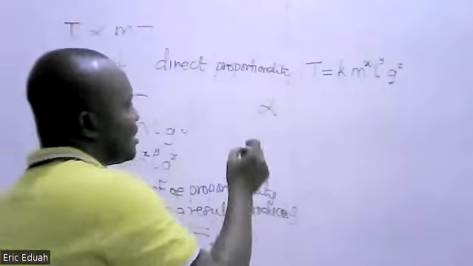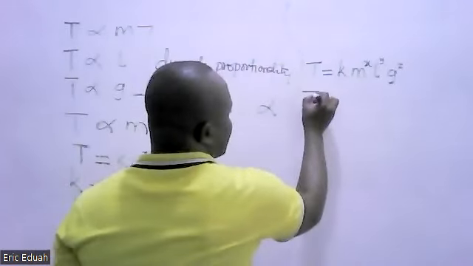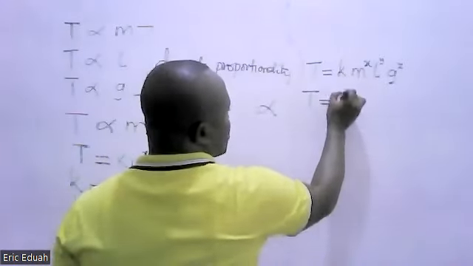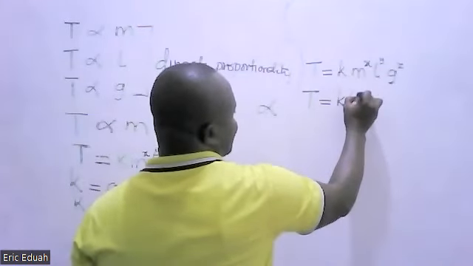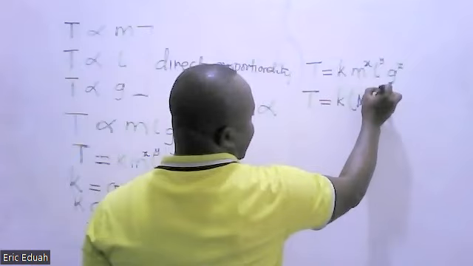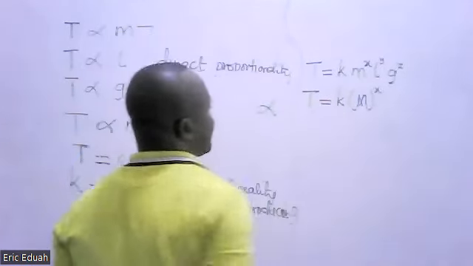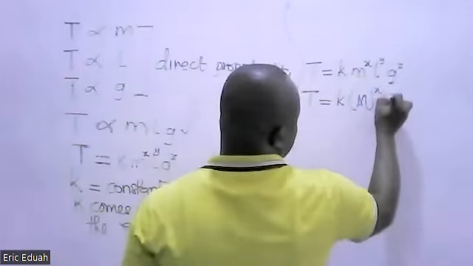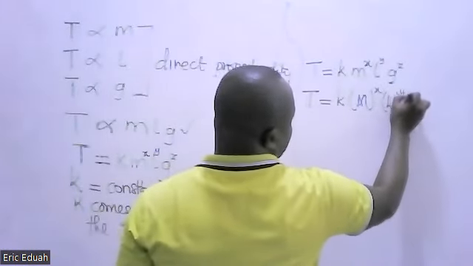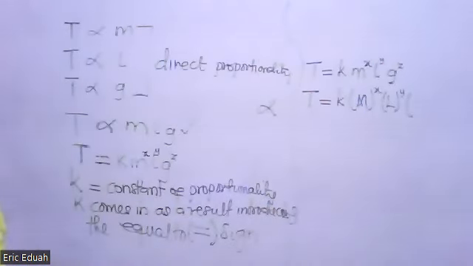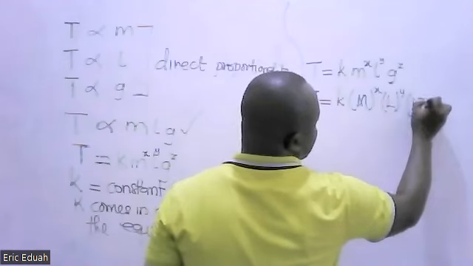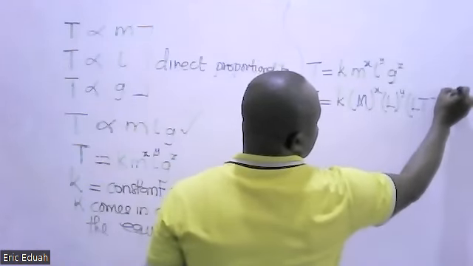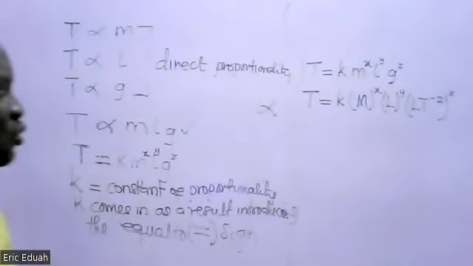So capital T is equal to K, a constant, then the dimension of M, capital M, raised to the power X. The dimension of length is capital L raised to the power Y. The dimension of acceleration due to gravity is L T to the power negative 2, raised to the power Z.